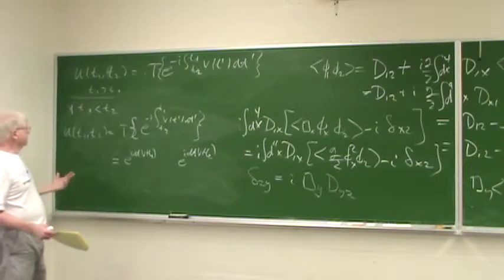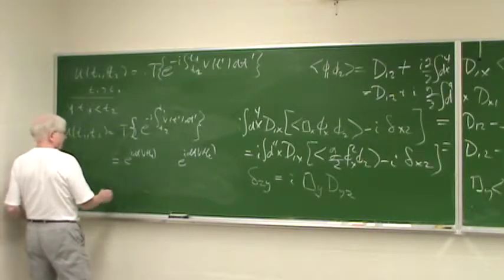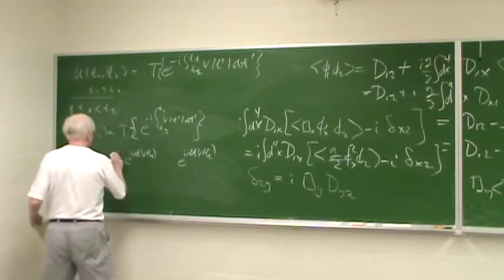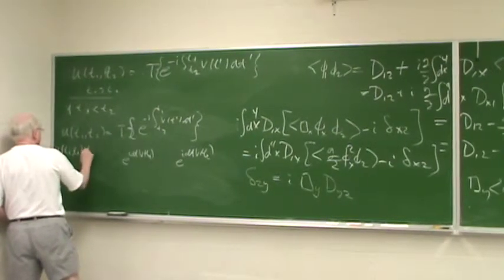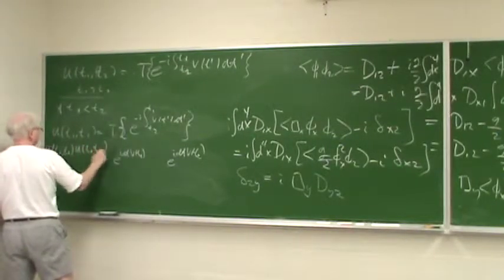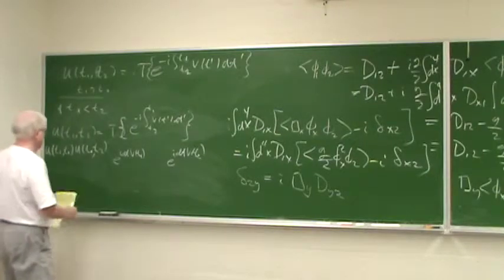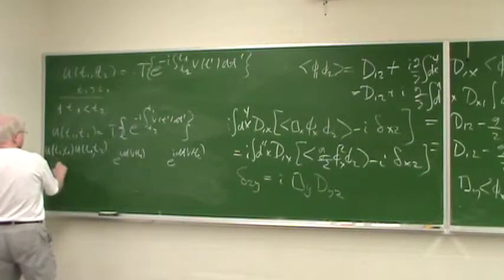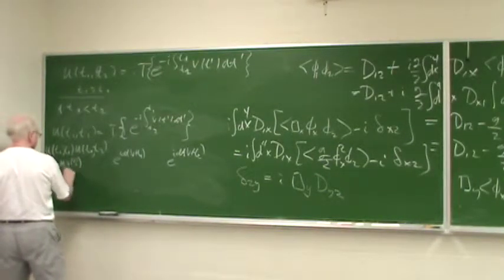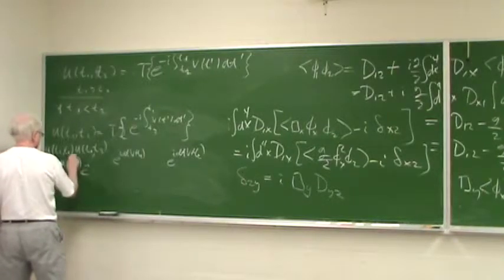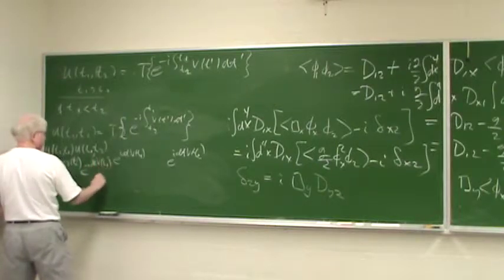Now if you multiply that from the left, in other words, if you have U of t2, t1 times U of t1, t2, where t2 is greater than t1, then this thing is e to the minus i dt V of t2, dot dot dot, e to the minus i dt V of t1.